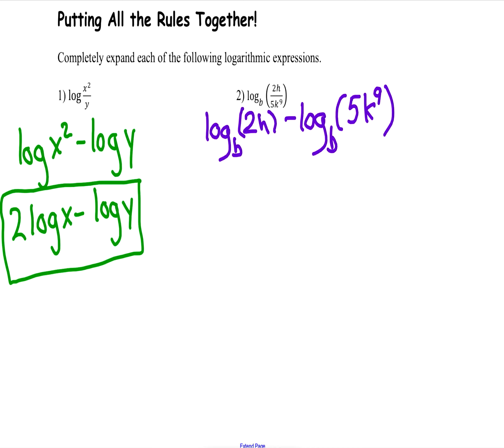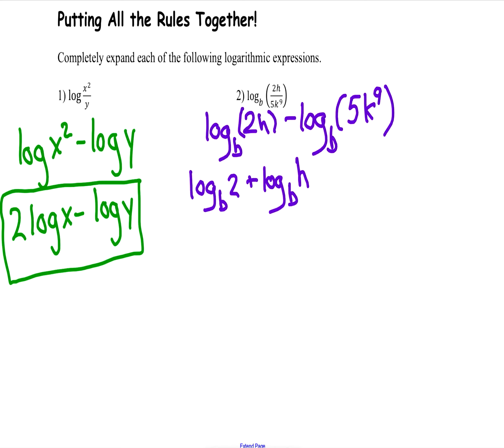Now is when we're going to split up each of those individual logs, because when we look at each of the logs, we have 2 values being multiplied on the inside of them. So what I would do first is take that log base b of 2h and write it as 2 logs: log base b of 2 plus log base b of h.